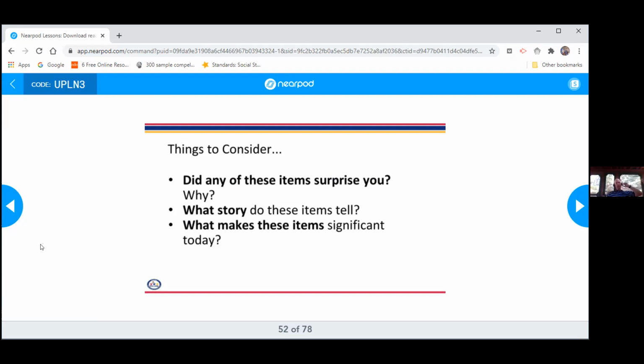So what about the last one there? What makes these items significant today? I kind of think that you can tie those in to present day, because some of the issues that caused them to revolt are still around, pretty much, in some of the countries that the pictures were portrayed.